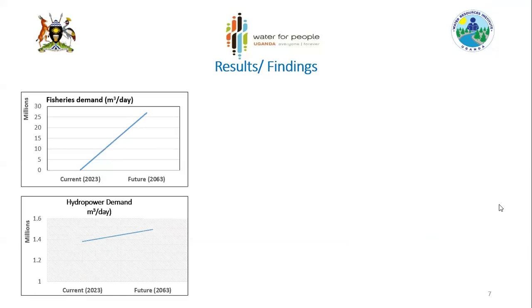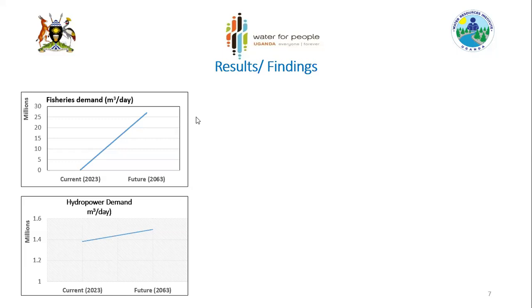On the next slide, we have demand for fisheries and hydropower. We assessed this, though this is non-consumptive, meaning water does not really get consumed from the catchment, but rather stays in one area. And for fisheries demand, we assessed it by getting the number of fish ponds in every district and multiplying it by an average size of 50 square kilometers and a depth of 1.5 meters.